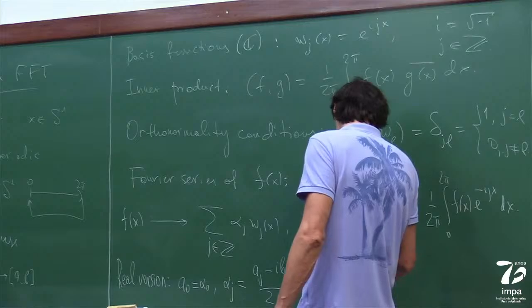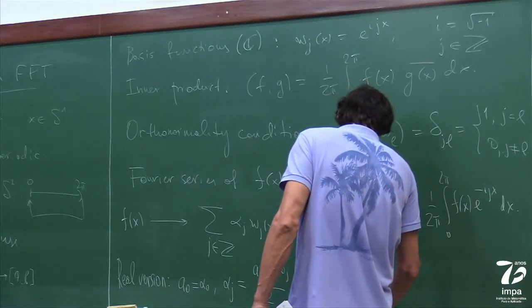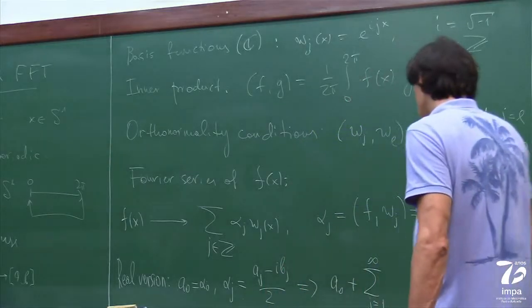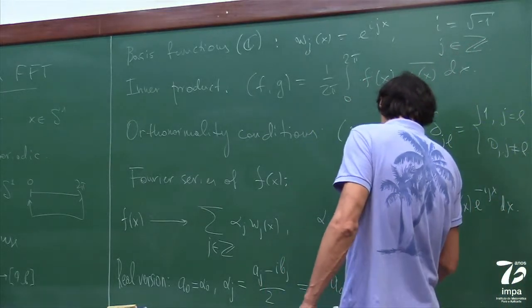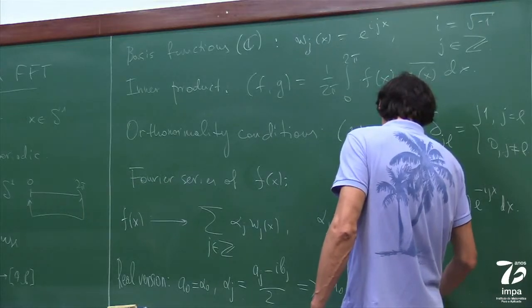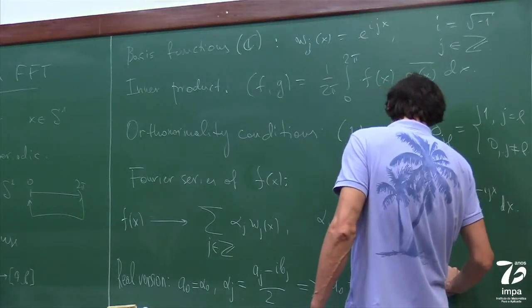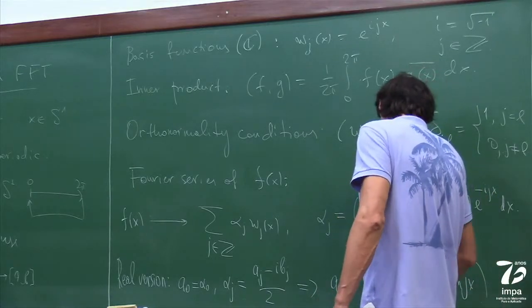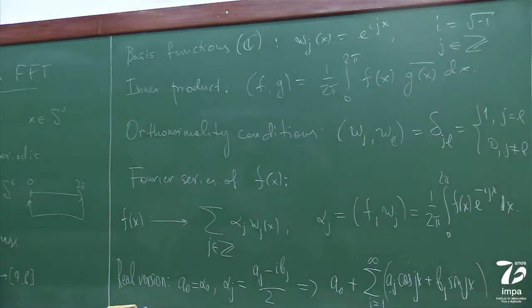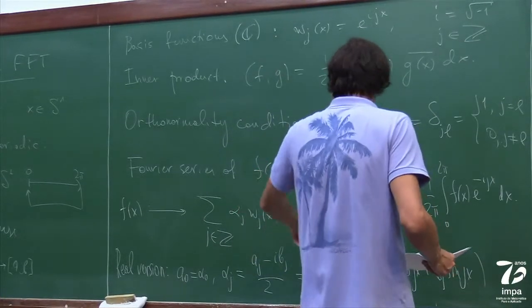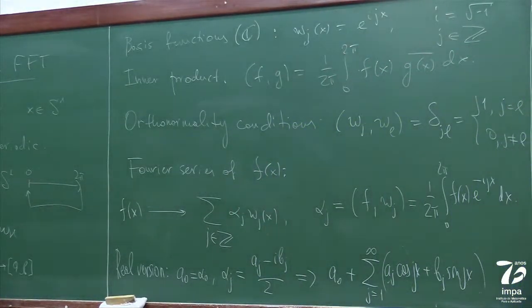So this will be A0 plus a sum, and the sum will be over natural numbers, of a_j cosine jx plus b_j sine jx. This is just an equivalent real version of the Fourier series. If the function is real, it's the same thing.